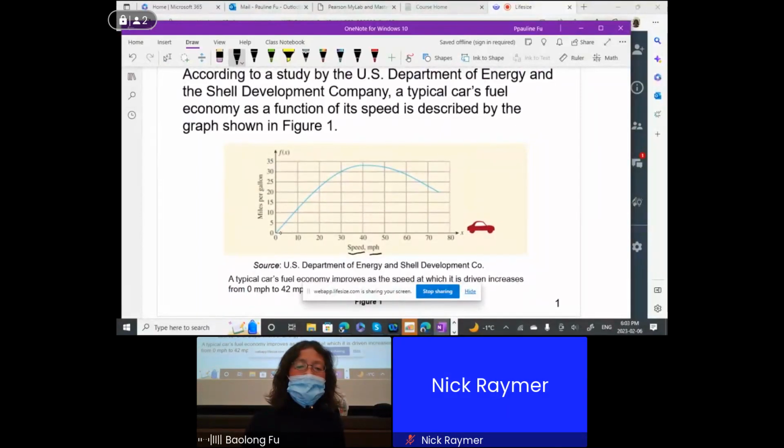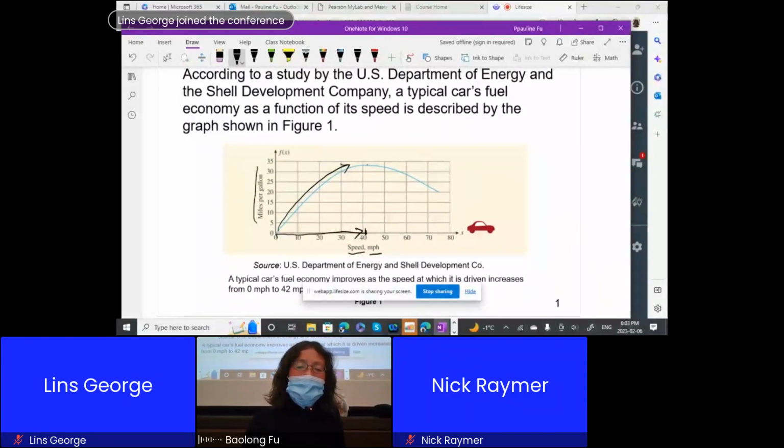If your speed is between 0 and about 42 here, when you increase speed, the miles per gallon, on the y-axis, also increases. But after reaching roughly 42, when you increase the speed, the miles per gallon decrease.